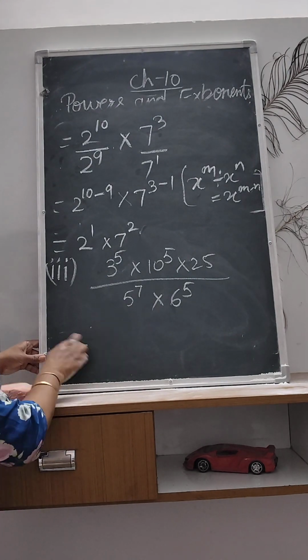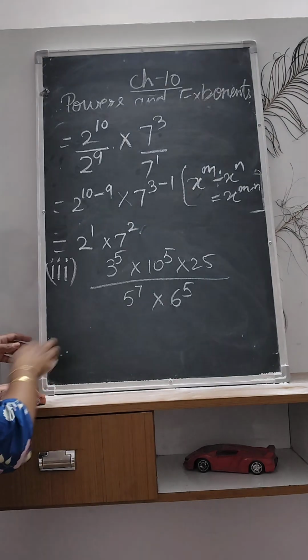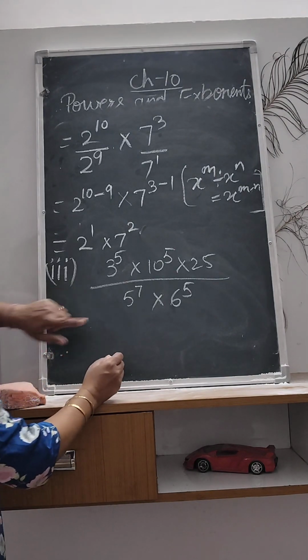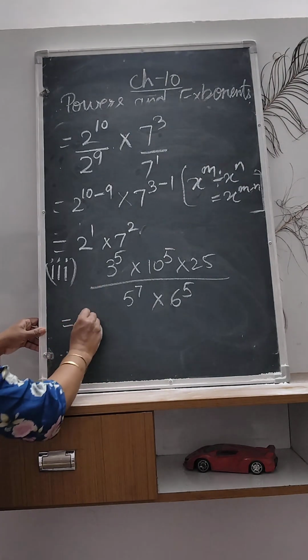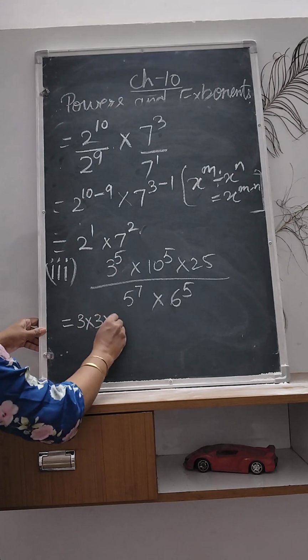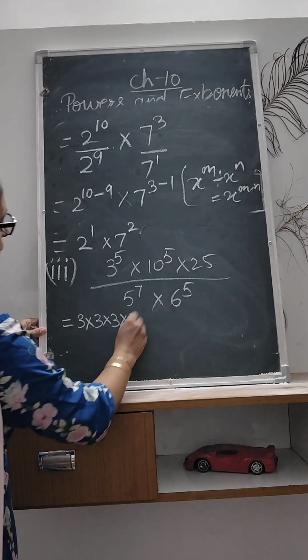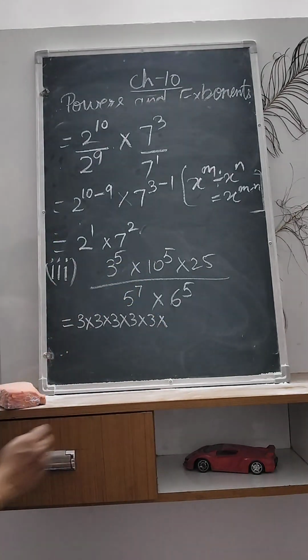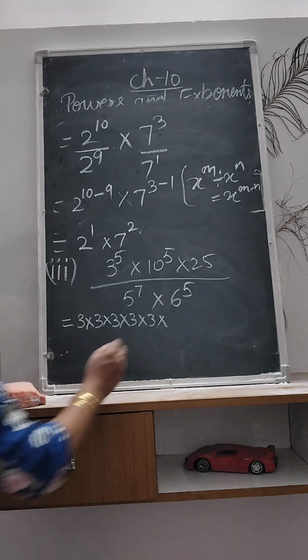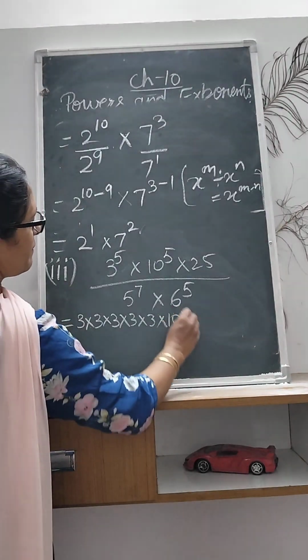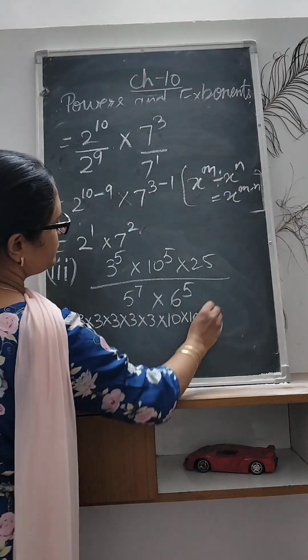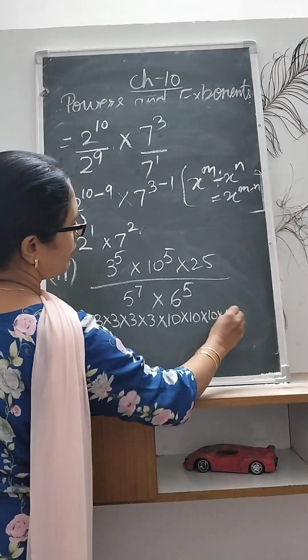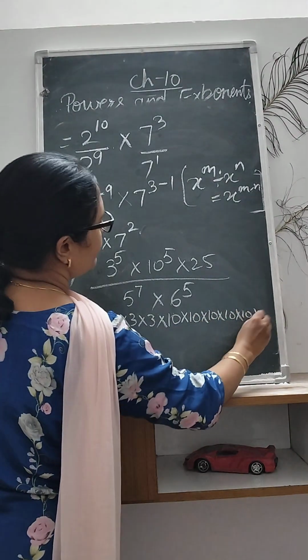Now 3 is coming how many times? 5 times. So let us solve: 3, 4, 5. 10 raised to power 5 means 10 is coming 5 times, into 25.